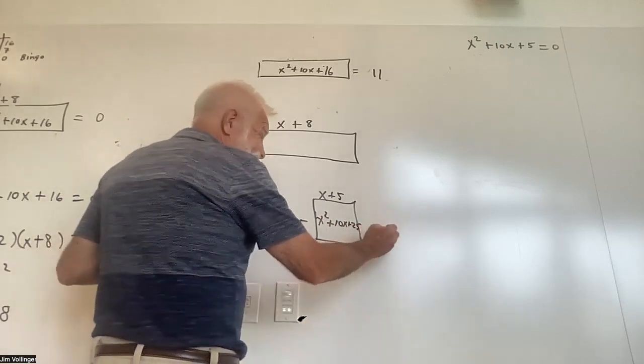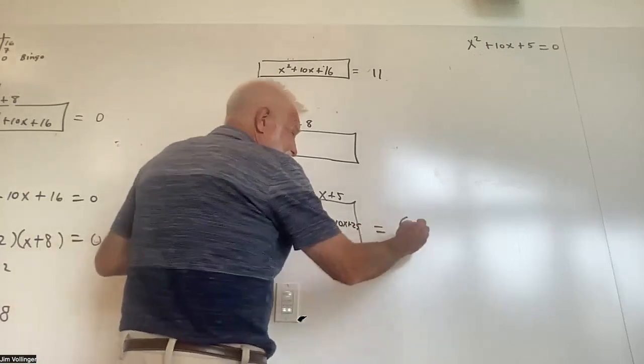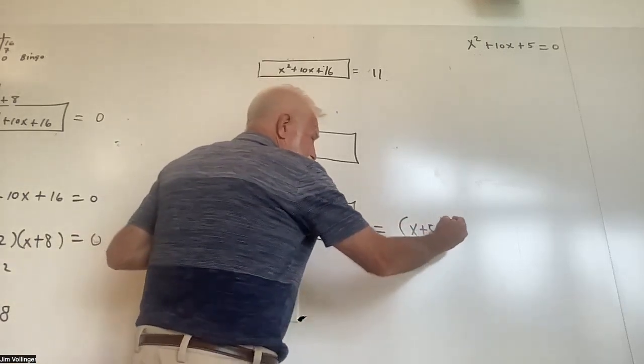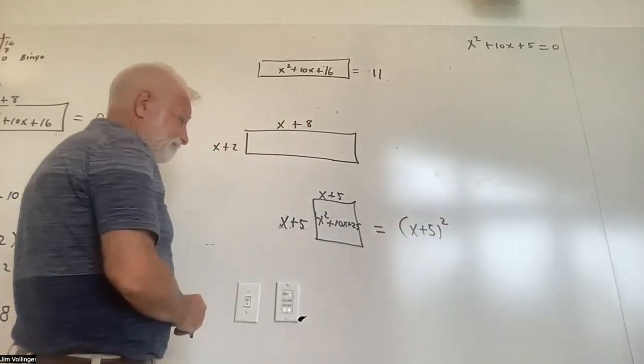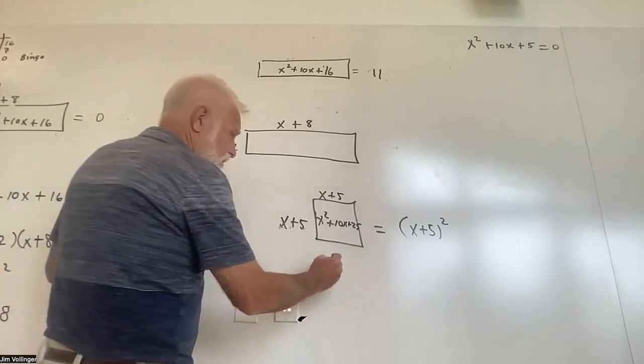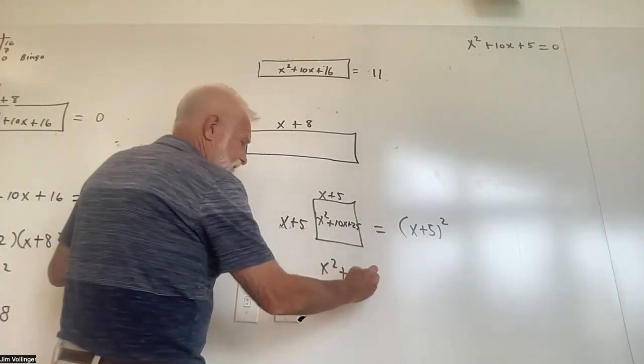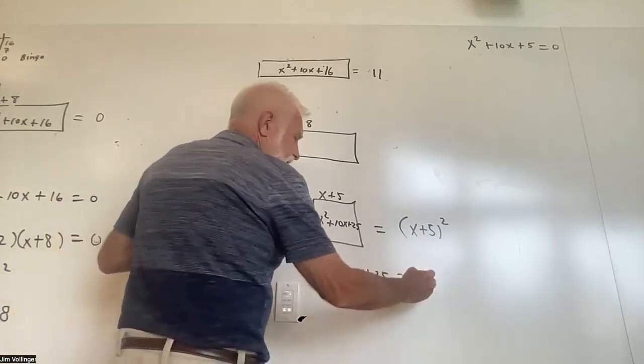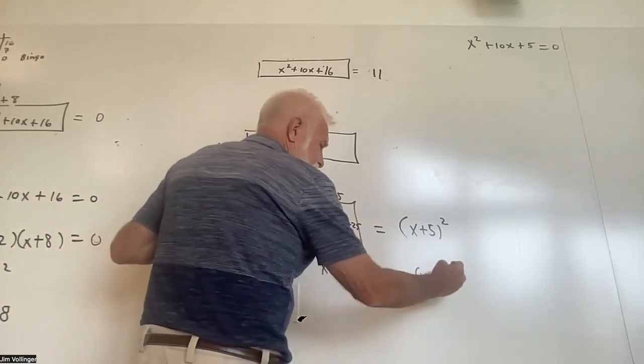But you could also write that as x plus 5 squared. So x squared plus 10x plus 25 equals x plus 5 squared.